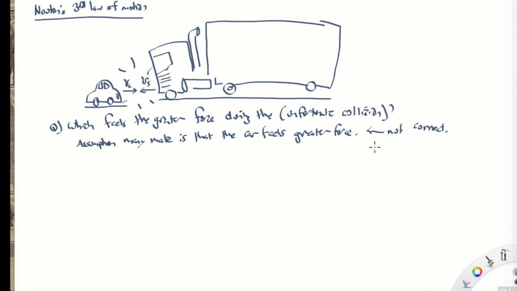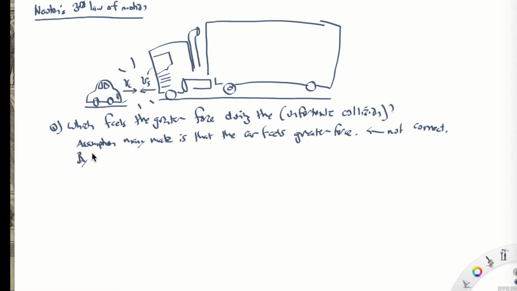Well, if we take Newton's third law of motion seriously, for every force there is an equal and opposite force, it implies that the force that the Volkswagen Bug feels is exactly equal to the force that the semi feels. That is, the semi pushes on the Volkswagen exactly as hard as the Volkswagen pushes on the semi.